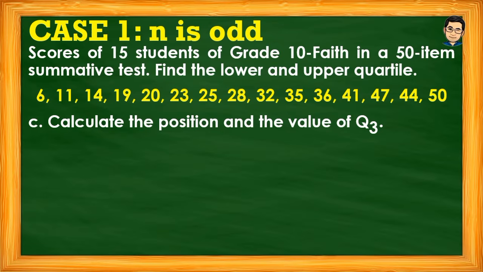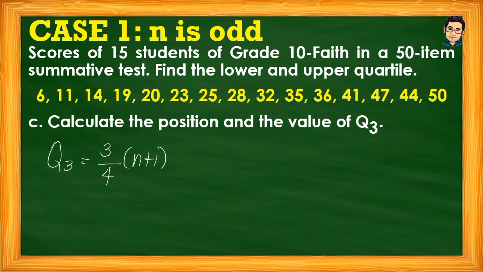Now, the formula to locate the position of the quartile 3 is different from the formula that we use in calculating the position of the quartile 1, the lower quartile. So, Q sub 3 is equal to 3/4 times the quantity of n plus 1. So, nag-iba po yung ating fraction dito is because we are pertaining to the upper quartile, the 75%.